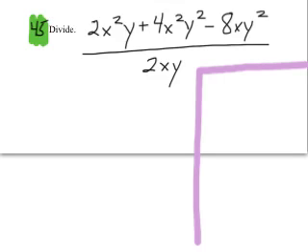You could say it's like distribution in reverse. We are going to divide this 2xy into each of these. Just like we would if we were distributing it across them, we would multiply it times each of them. Here we're going to divide it into each one of them.